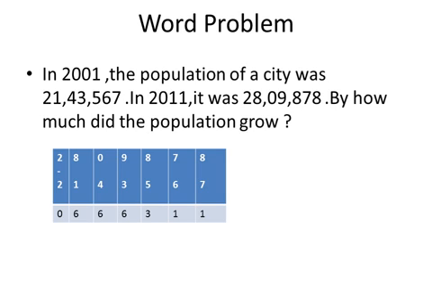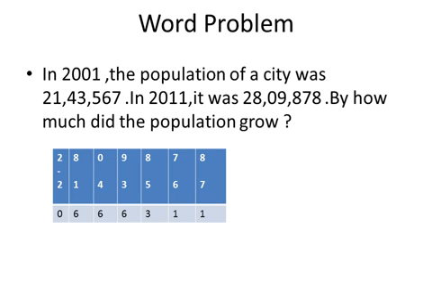Next topic is word problem. Study the following word problem. In 2001, the population of a city was 21,43,567. In 2011, it was 28,09,878. By how much did the population grow? In problem set 9, we solved word problems of addition.